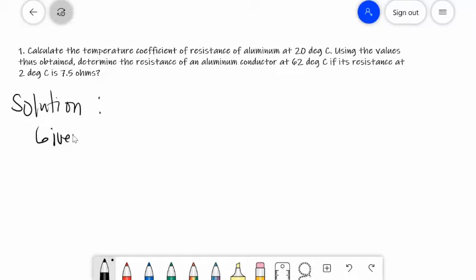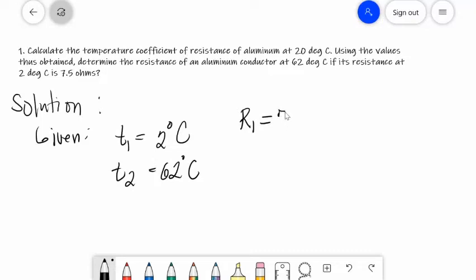Given T1, our temperature 1, is equal to 2 degrees Celsius. T2 is 62 degrees Celsius. R1 is equal to 7.5 ohms. R2 is required. Also, the temperature coefficient is required.